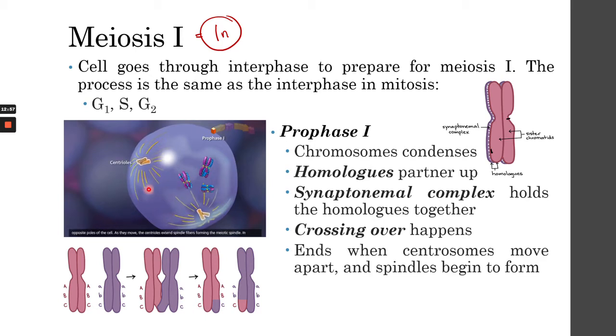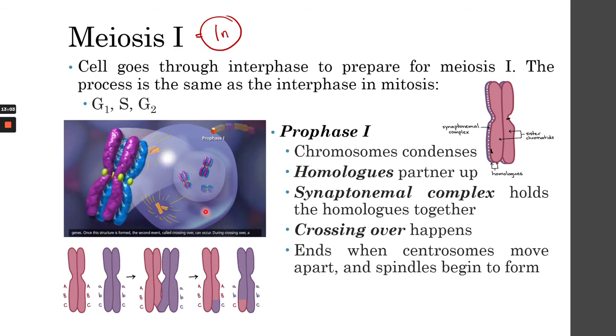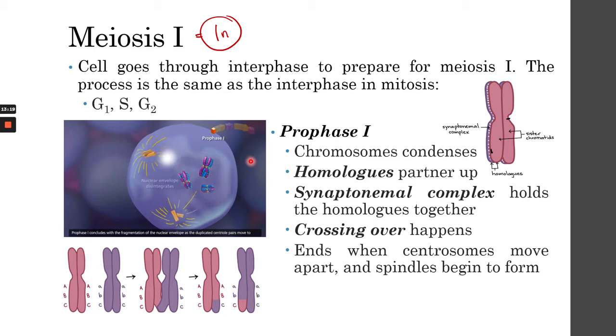And then prophase 1 ends when the centrosomes start to move apart, and then the spindles, if you guys remember, the microtubule spindles, start to form and slowly start to attach onto the chromosomes. Okay, so for prophase 1, just a summary, this is what is happening.